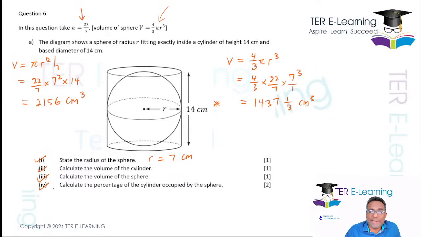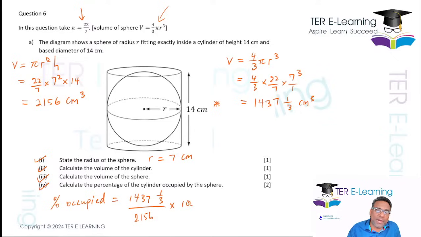And the last part, calculate the percentage of the cylinder occupied by the sphere. The percentage occupied is simply going to be the volume of the sphere, 1437 and 1/3, divided by 2156 multiplied by 100%, because you want to know the percentage that is occupied by the sphere.